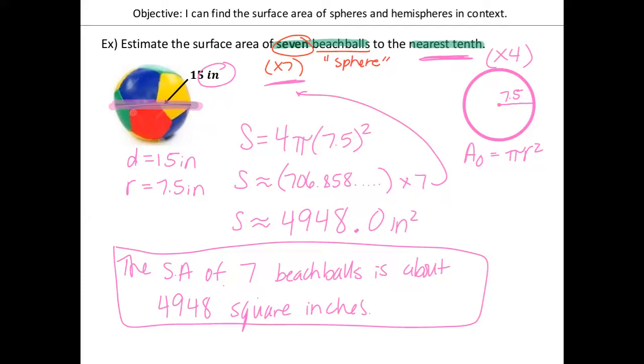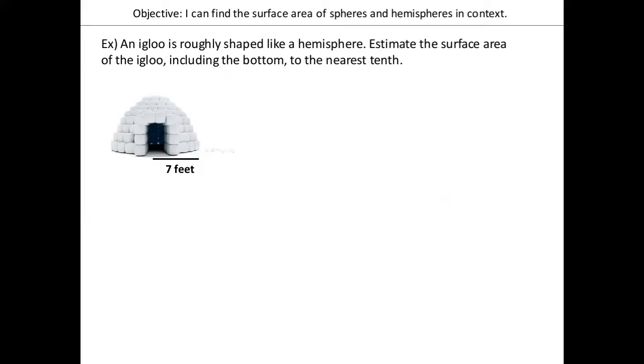Okay, let's look at our next example. This next one says we have the igloo is roughly shaped like a hemisphere. Estimate the surface area of the igloo, including the bottom, to the nearest tenth. So this is a full hemisphere covered from top to bottom. So we're estimating the surface area of a hemisphere.